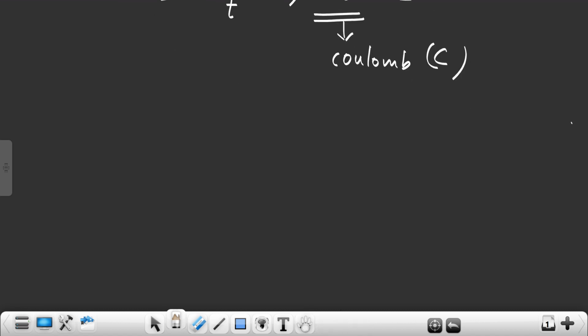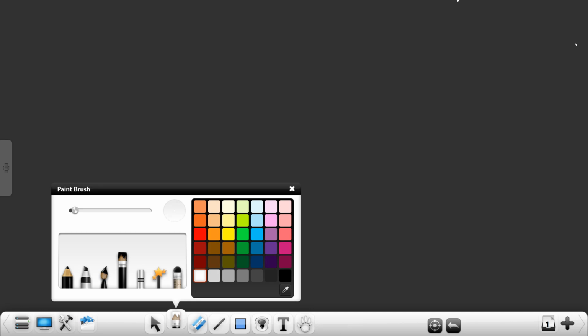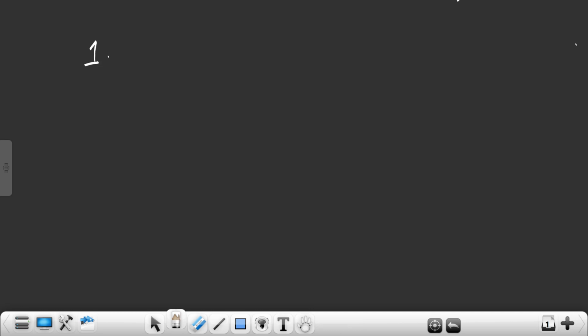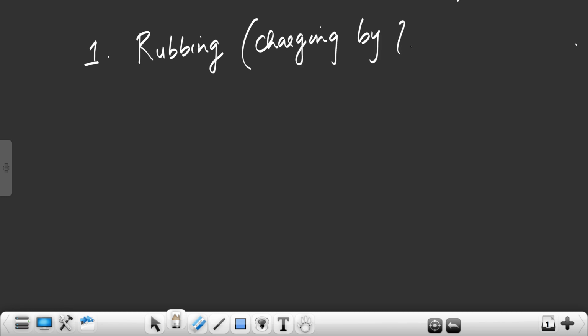They are: the first one is rubbing, also known as charging by friction. The second one is conduction.